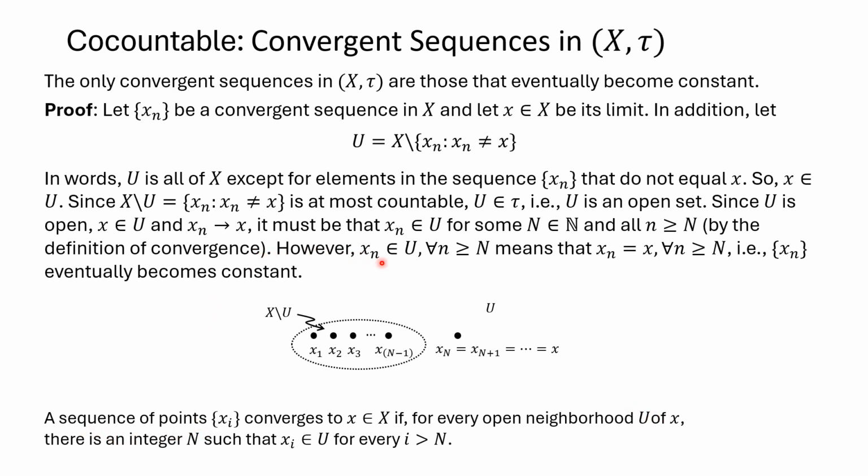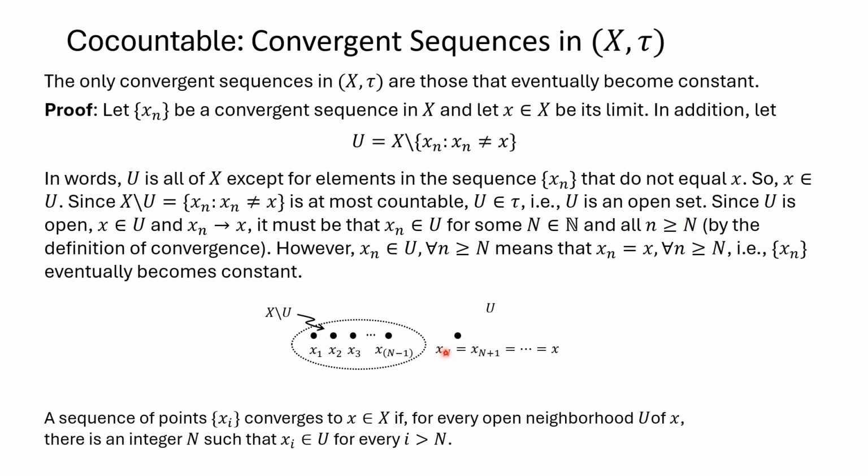However, x sub n is an element of U for every n greater than capital N, what we just set up. It means that given the way we've defined U, x sub n must equal x for every n greater than or equal to this N. So in other words, x sub n eventually becomes constant.